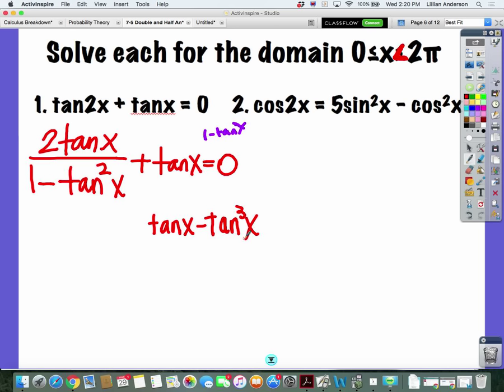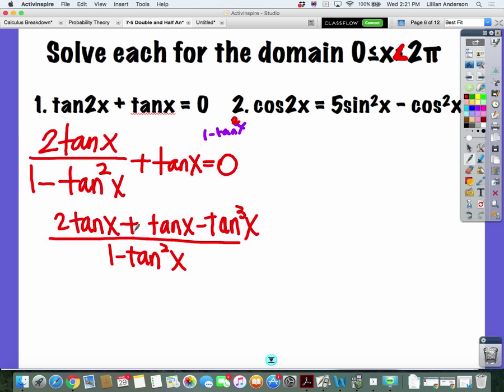Oh, okay, yeah. Your square was kind of blended into your x. This will have the same denominator as our first term. Can I write it as one fraction? Yes. Okay?